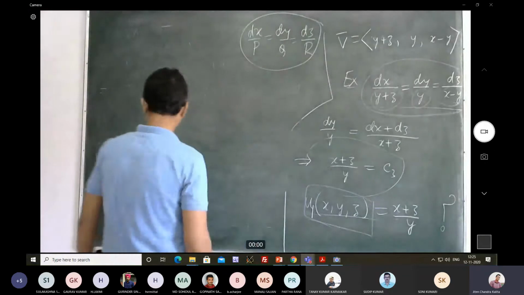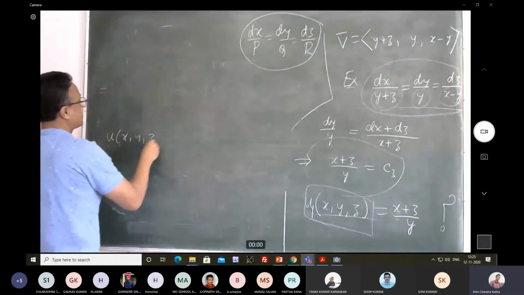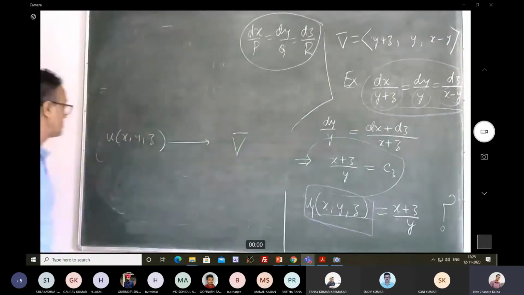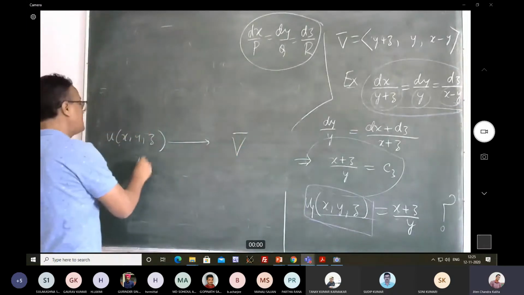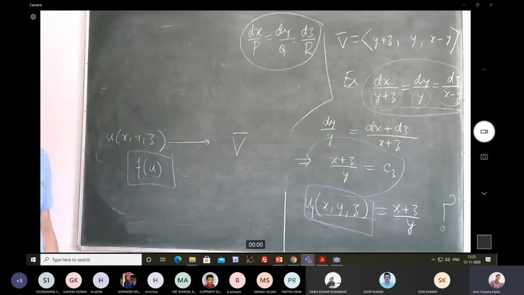So basically, if the function u(x,y,z) is a first integral for the vector field V, then any function f of u is again going to be what? A first integral of the same vector field.